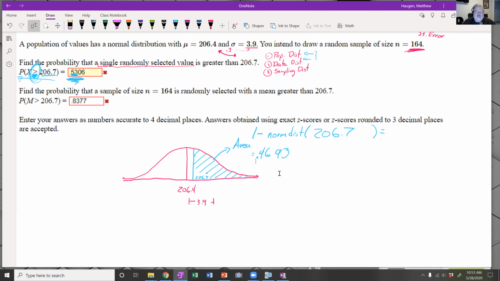And that's really the difference that we're looking at here. Are we looking at the probability of individual values, or are we looking at the probability of averages of a particular size? What we're looking at in the second part of this question, in the sampling distribution, is the distribution of those averages. Well, we know the distribution of those averages is much tighter.